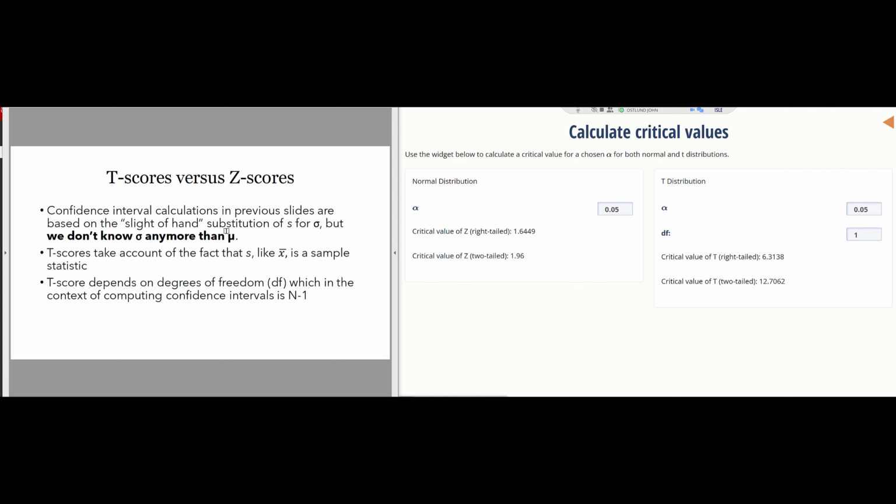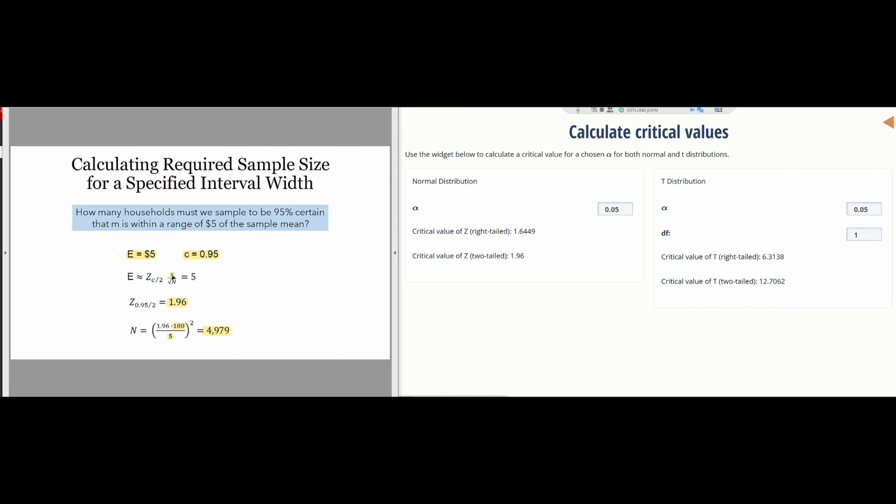Now, I said that using this previous sample's standard deviation is suspect for backing out what value of n we should be using.